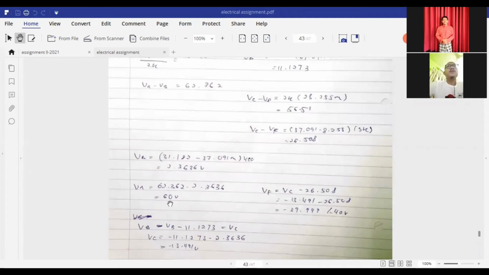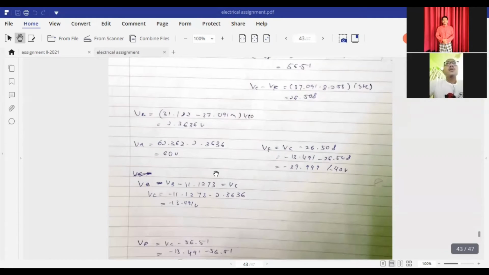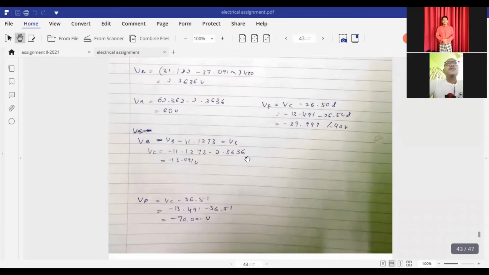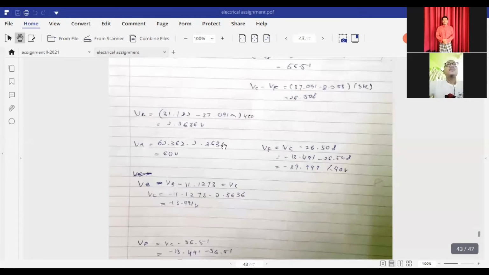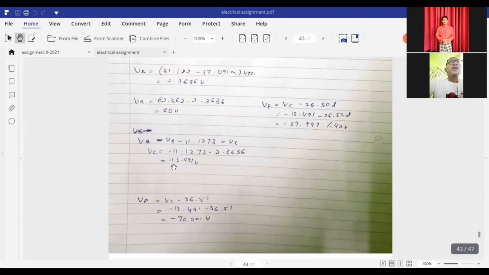VA, I find 16 volt. VB 2.3636 volt. Sorry, VC negative 13.491 volt.